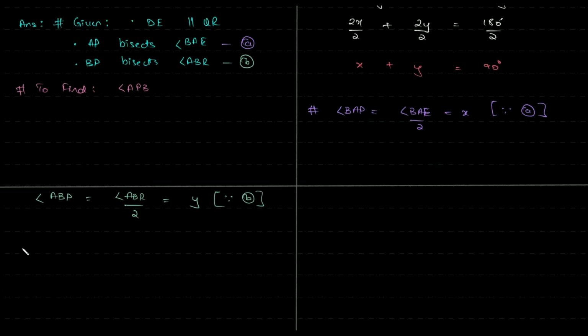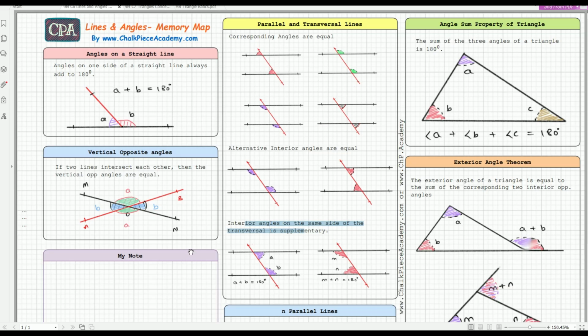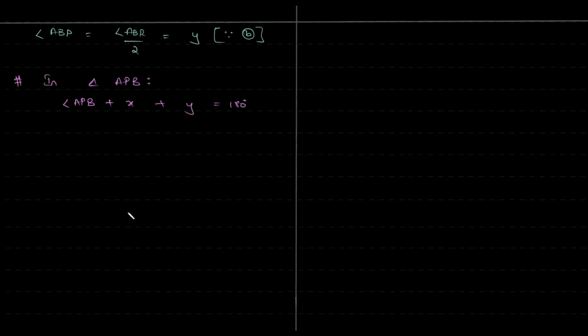Okay, so let's move on. We have in triangle APB, angle APB plus x plus y is equal to 180 degrees. How is this possible? It's quite simple, you guys know this. Yes, the angle sum property of a triangle. Okay guys, I hope you are pausing and thinking it over. If not, all this exercise is of no use.